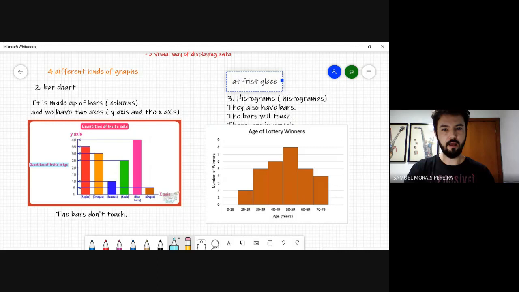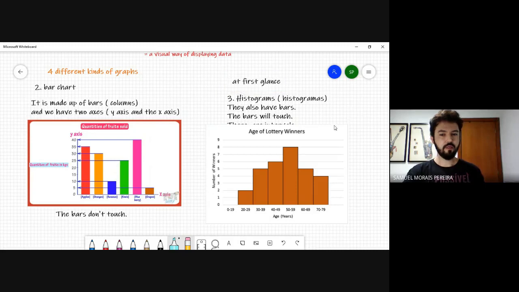At first glance, can you see? At first glance significa à primeira vista. Oh, at first glance, you can see that you have bars here. Can you see? Bars, columns. Then you might think that this is a bar graph, a bar chart, but it's not. This is not a bar chart.